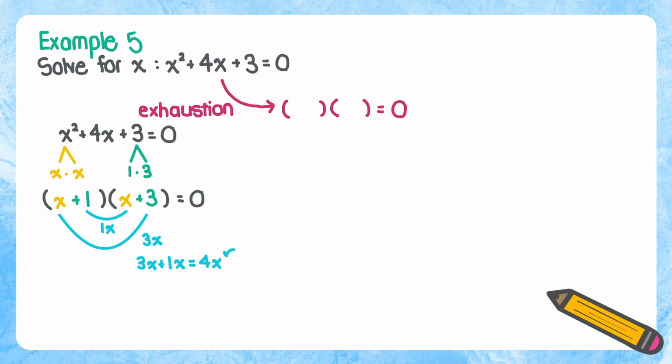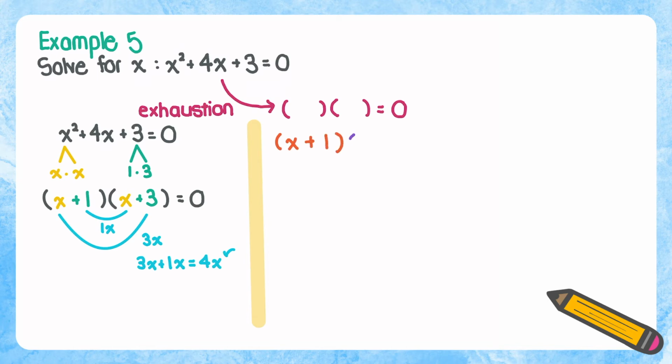So I know that we factored correctly. x plus 1 times x plus 3 equals 0. And now I can use the zero product property because I have something times something equaling 0.